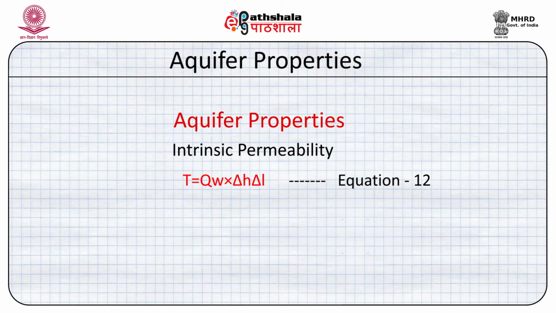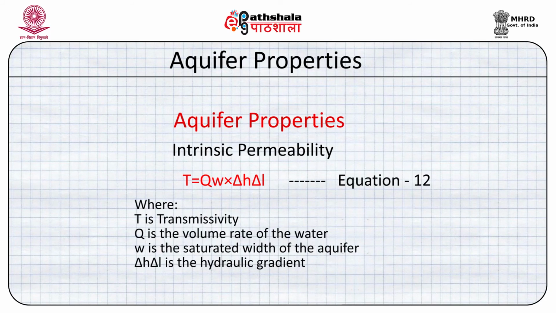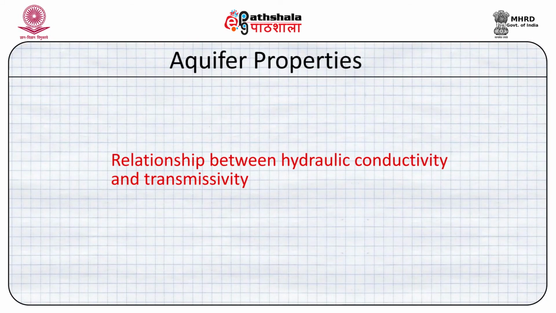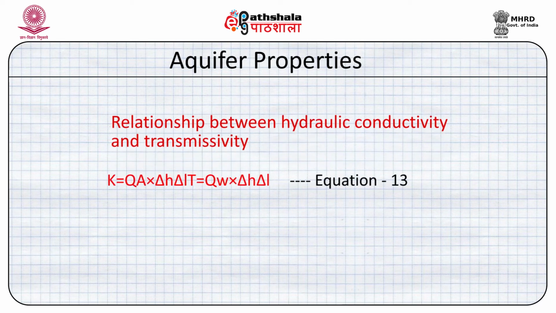Let's have first look at equation 12. Here T on the left is transmissivity and Q is volume rate of water. This is divided by W, that is saturated width of the aquifer, multiplied by delta H by delta L, that is hydraulic gradient. Now equation 13 gives a relationship between hydraulic conductivity and transmissivity. How? It divides the first equation 9 by equation 12.